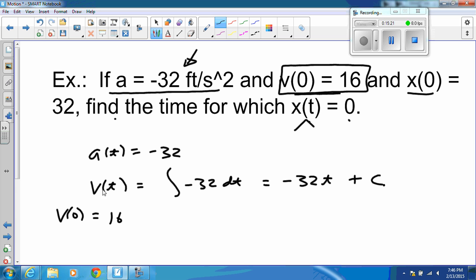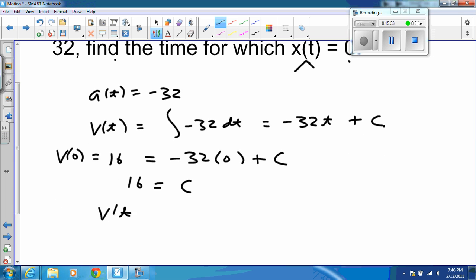This is now where the initial condition comes into play. My velocity when t is equal to 0 is 16. And that's the same as negative 32 times 0 plus c. So that my constant of integration is 16. And this gives me an expression for the velocity for all times.